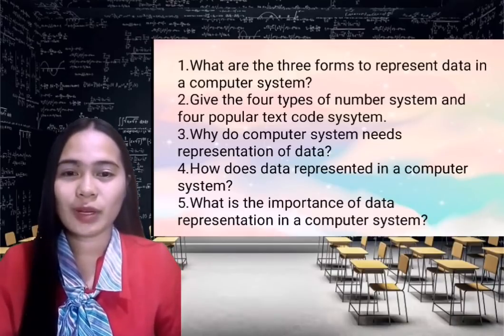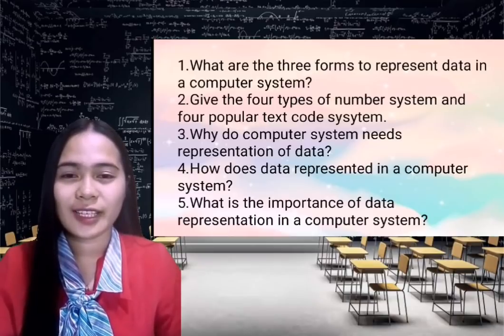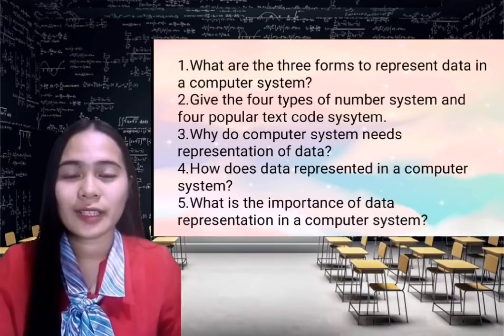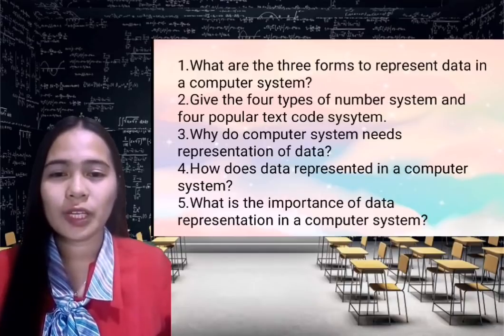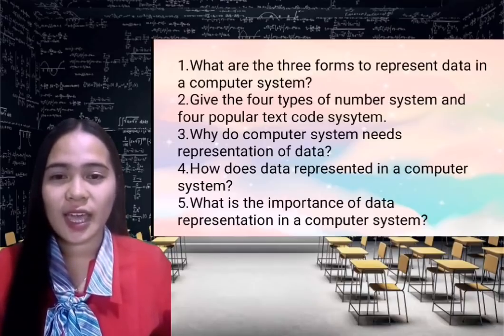So the 4 types of number system are octal, binary, decimal, and hexadecimal number system. How about the 4 popular text code systems? Who can answer? So the 4 most popular text code systems are the EBCDIC, ASCII, Extended ASCII, and the Unicode.